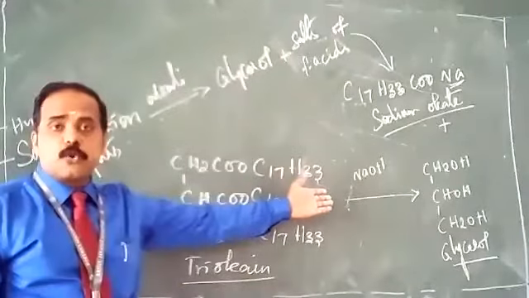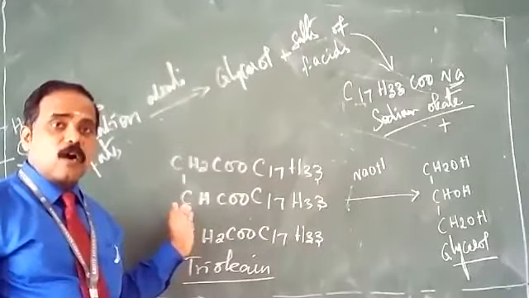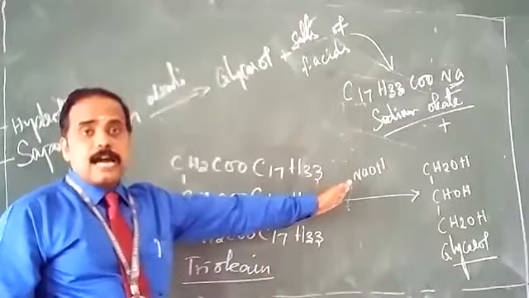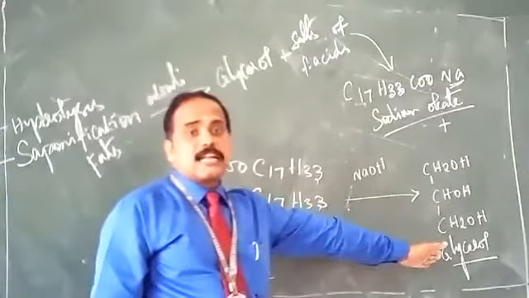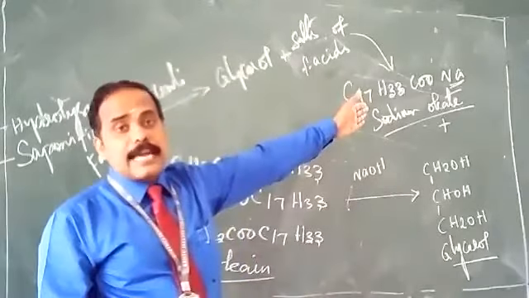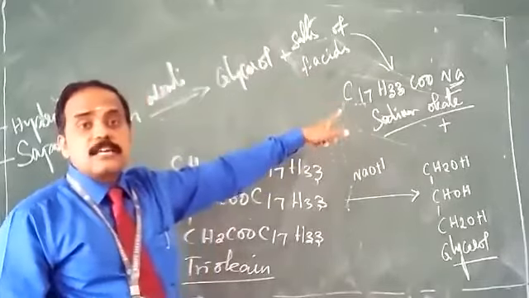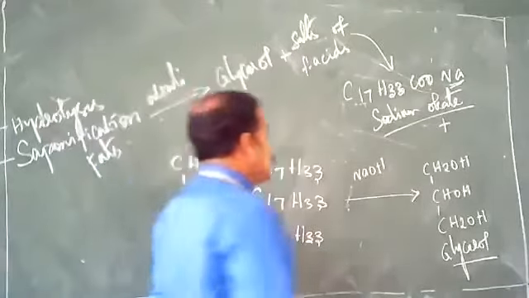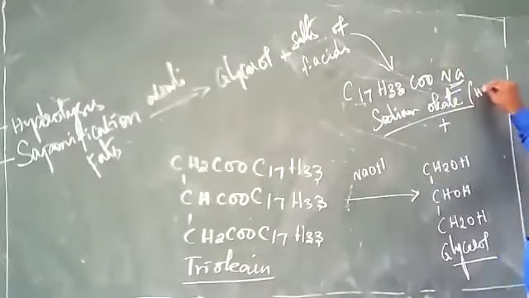Here we have used sodium hydroxide to hydrolyze this fat or lipid, trioleine, and it yields glycerol and the sodium salt of higher fatty acid, sodium oleate. This is considered to be hard soap.